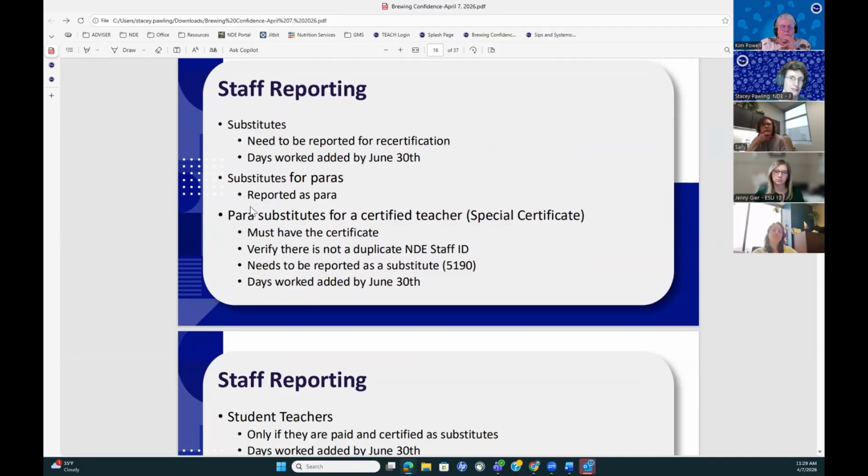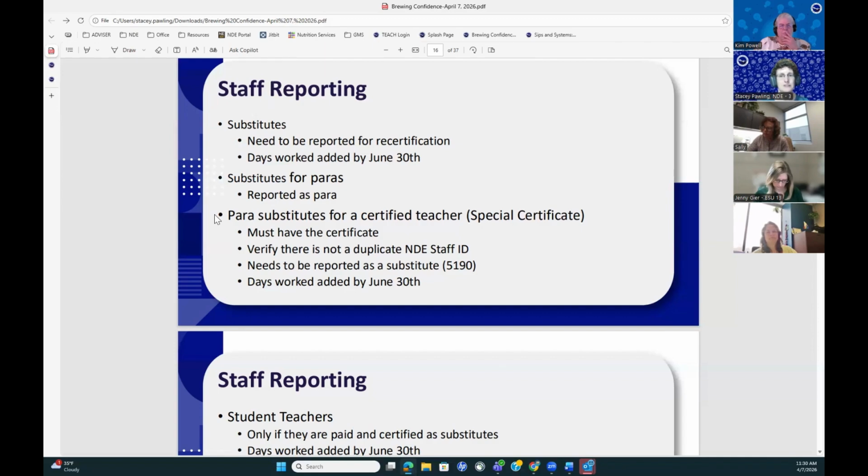To make things a little bit more complicated, they have created a special certificate for paras that they can get, and they can be a substitute for a certified teacher. This special certificate allows them to go into a classroom and sub for a teacher for a specific amount of days.